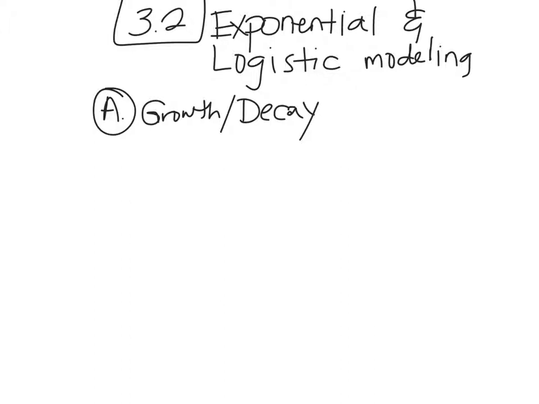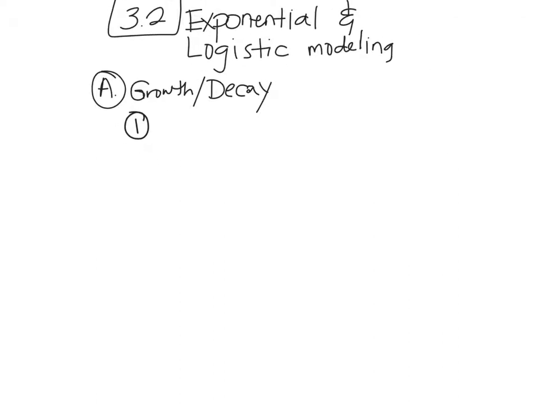Okay, growth and decay. Now, growth and decay is going to be done two different ways. Number one, here's the first way. Growth and decay is going to be denoted by something called R, and R is going to be the constant percentage rate. Constant means it's not going to change.